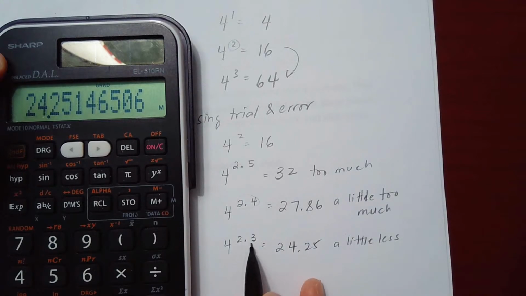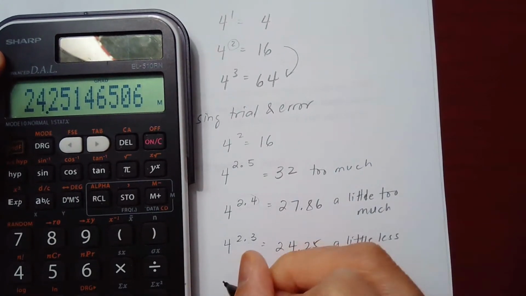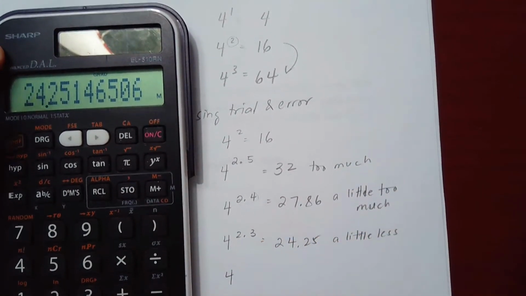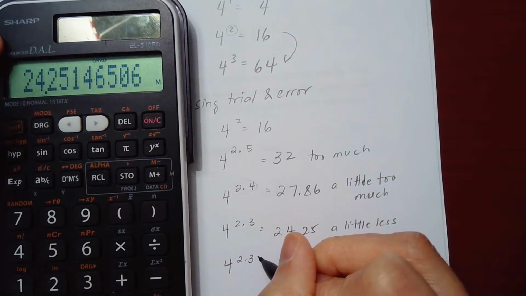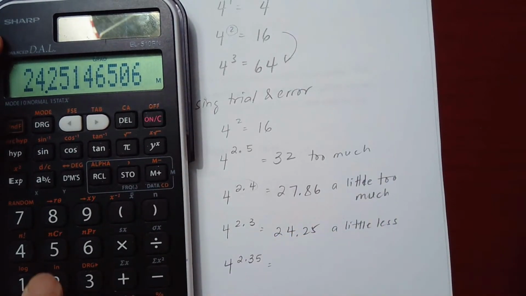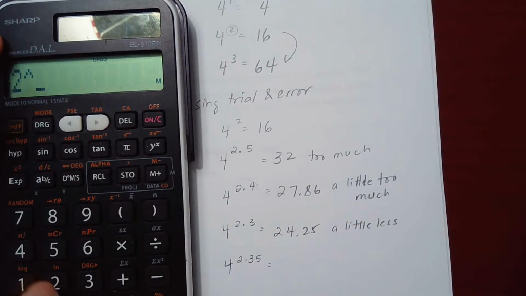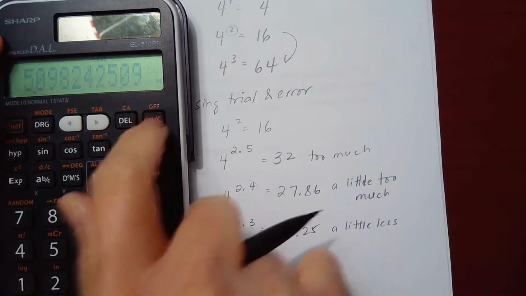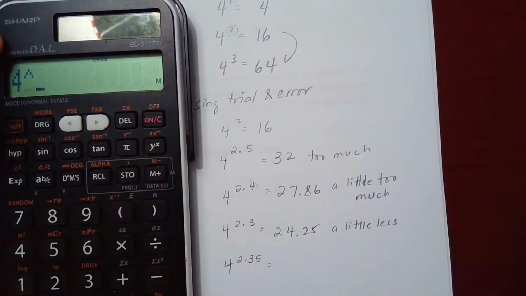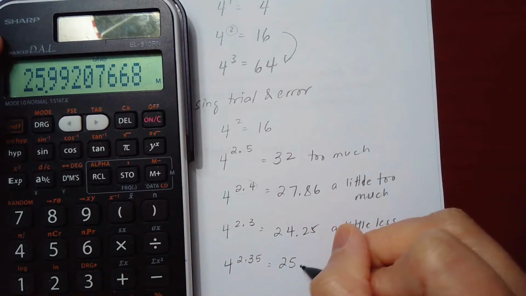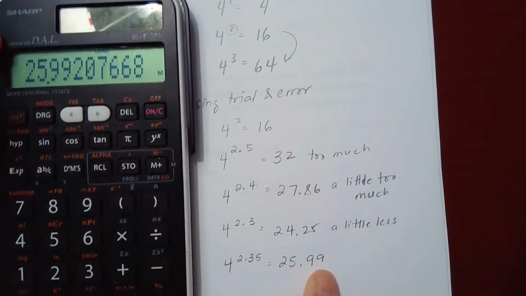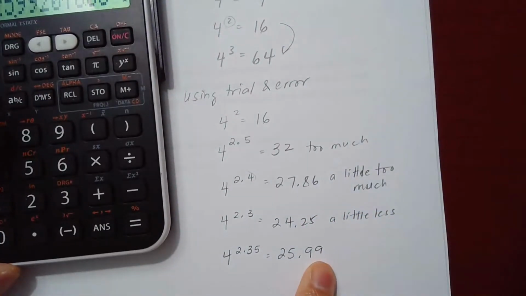Okay, so what we're going to do, we're going to put a little bit more. So 4 to the 2.35. 4 to the exponent of 2.35. We got 25.99. That's a little too much.